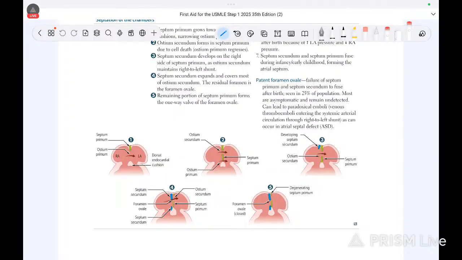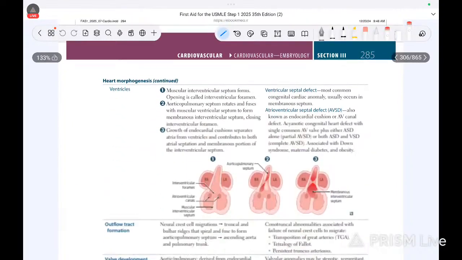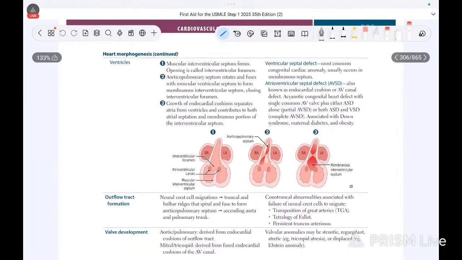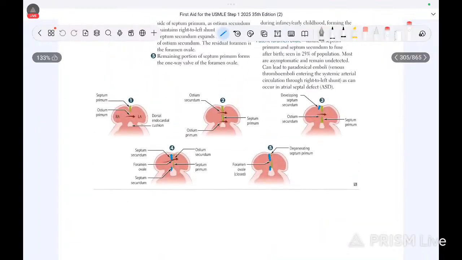So if there is patency, a venous thromboembolus coming from the venous system can pass through it and enter the systemic arterial circulation. Next, this was mainly about the atrium.